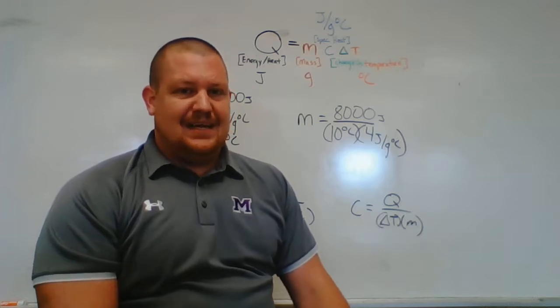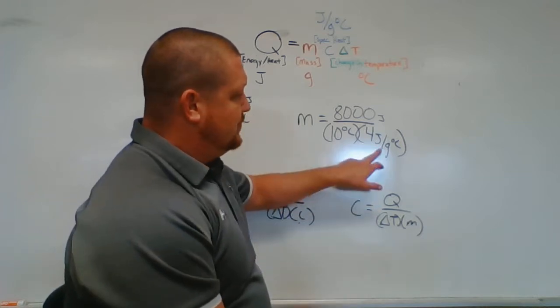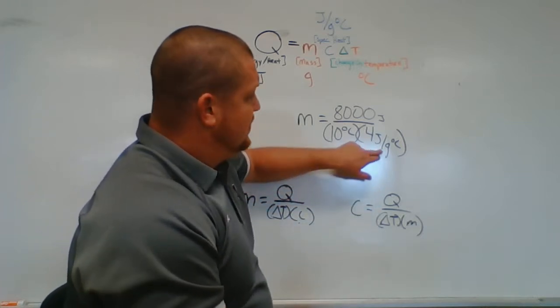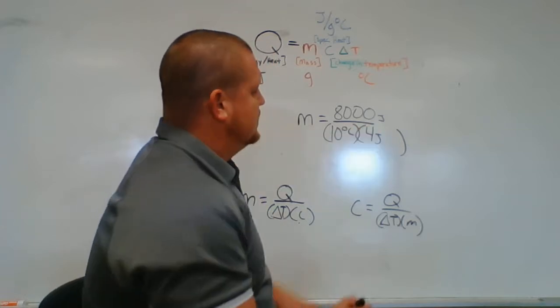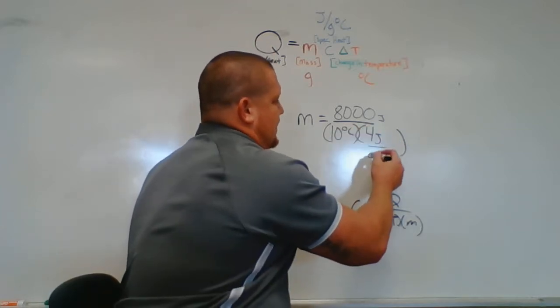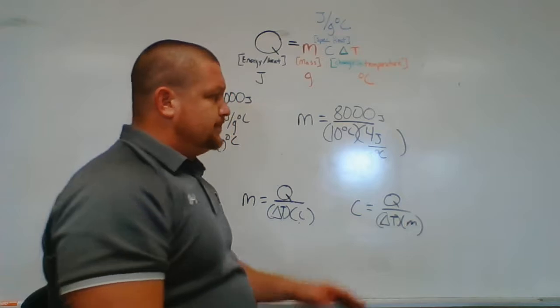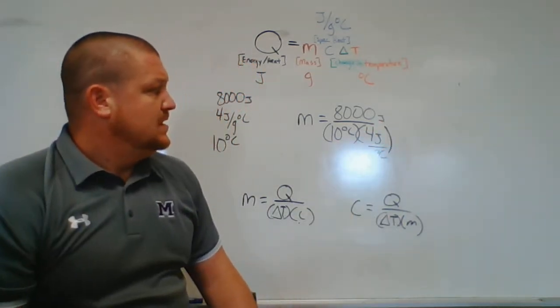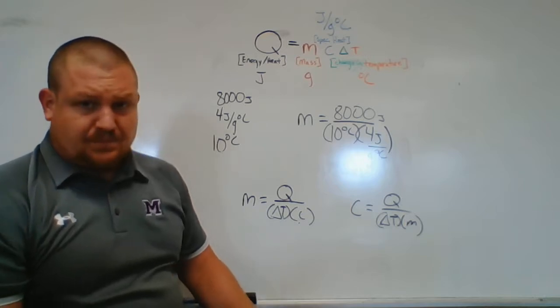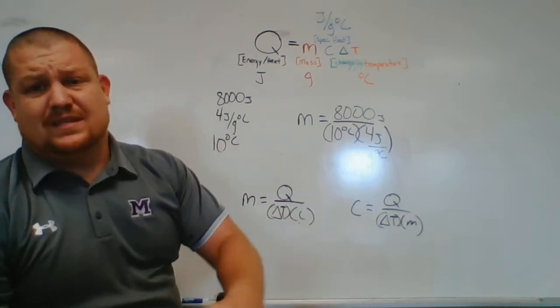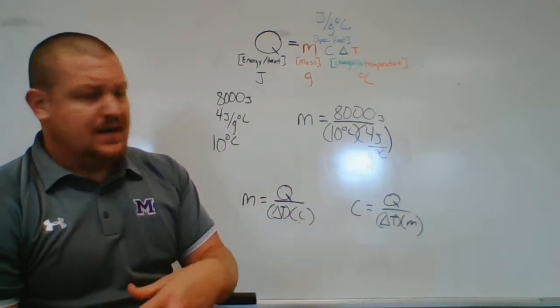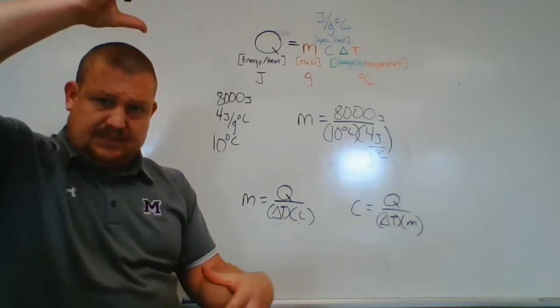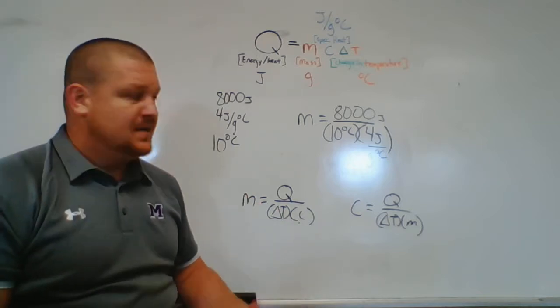What I talked about last video was when we see this per sign right here, this division, we're going to write it like this. What happens when you get this? You can't have division within the denominator of the division thing, so this kind of flips back up to the top when we divide that.